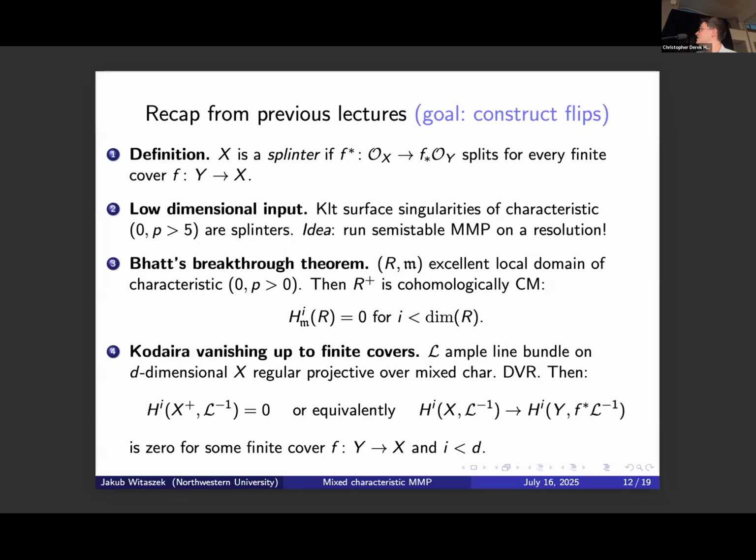Equivalently, we look at the i-th cohomology of L inverse on X, which in characteristic 0 vanishes by Kodaira vanishing, but we know vanishing theorems break in positive and mixed characteristic. Nevertheless, Bhatt's result tells us we can take a cohomology class in H^i(X, L^{-1}) and find a finite cover such that if we pull back our cohomology classes by this finite cover, they're all killed. So we can kill cohomology classes that should vanish by Kodaira vanishing by additional finite covers.